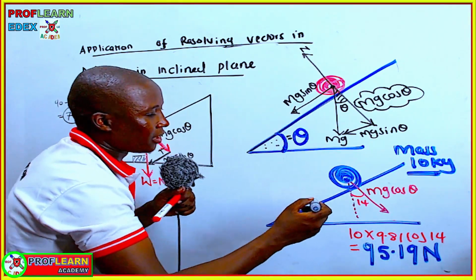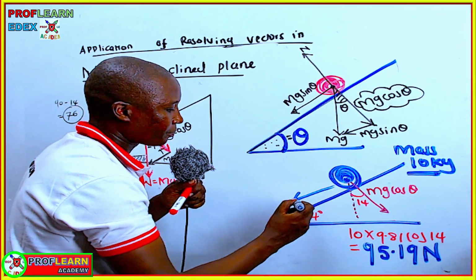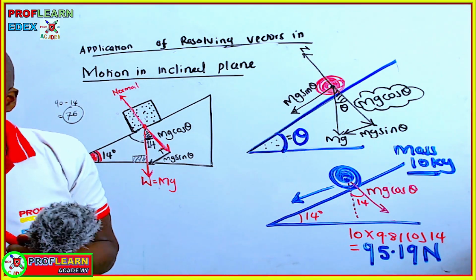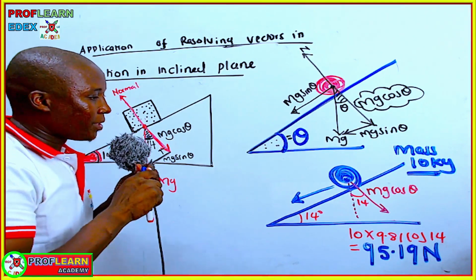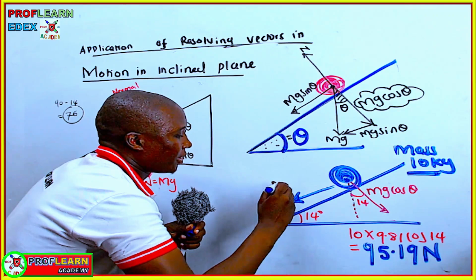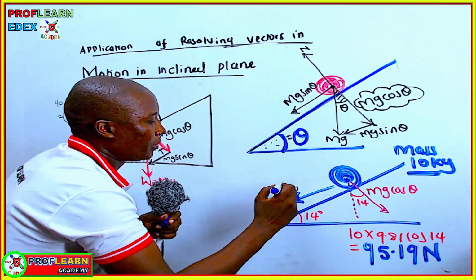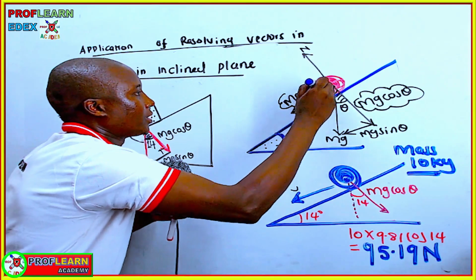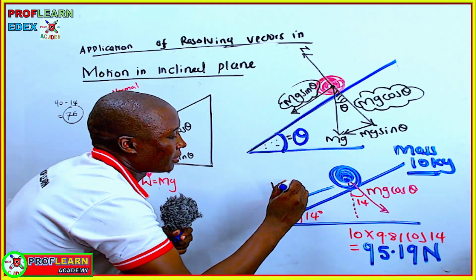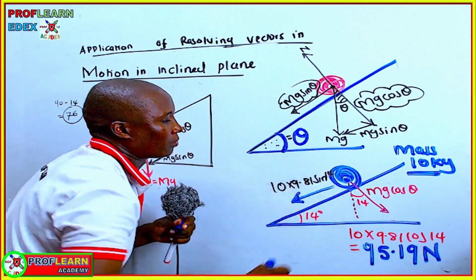If you are asked the force pulling this object parallel to the inclined plane, the force that pulls this object down the inclined plane is going to be mg sine theta. So that's going to be 10 times 9.81 sine 14.